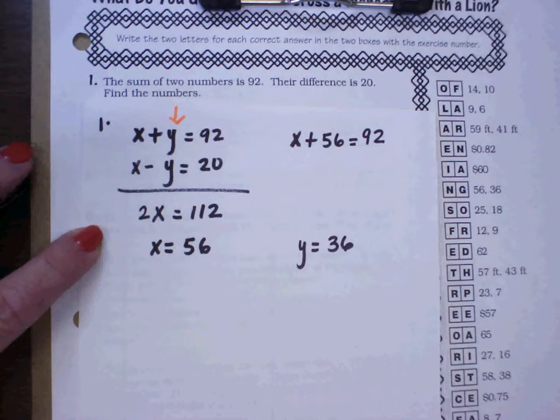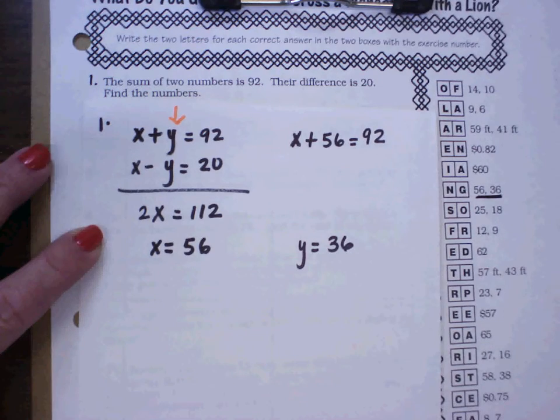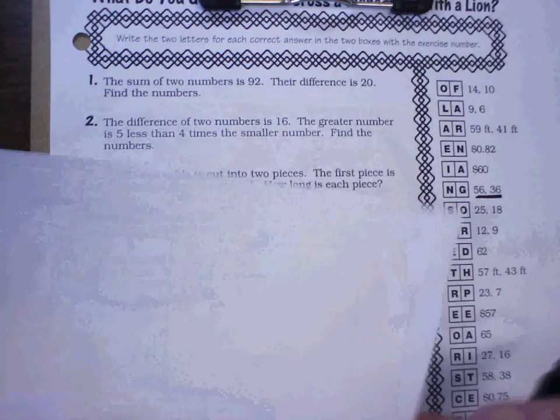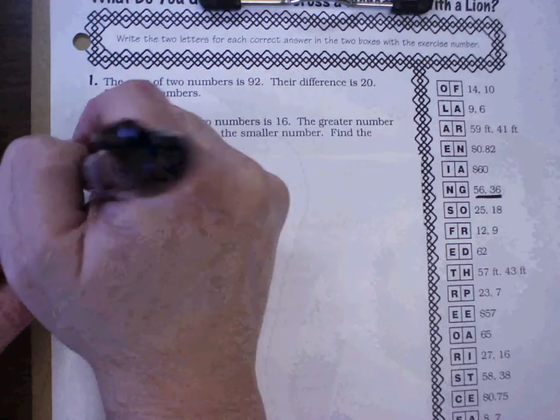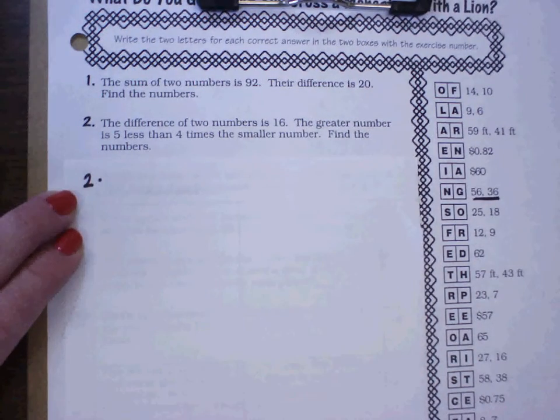All right, ready for number 2? I think it's this one right here. All right, number 2. Yep. The difference of two numbers is 16.